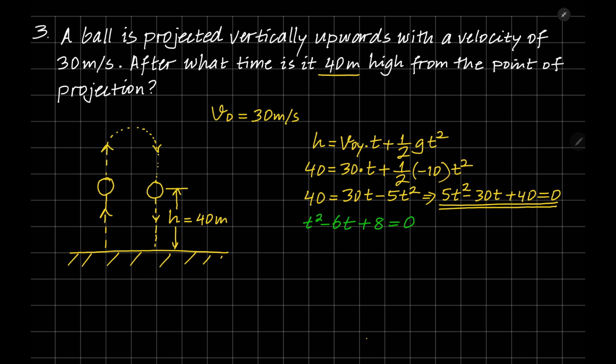Then we can factor it. (t minus 2) times (t minus 4) equal to 0. That means t is equal to 2 seconds or 4 seconds.